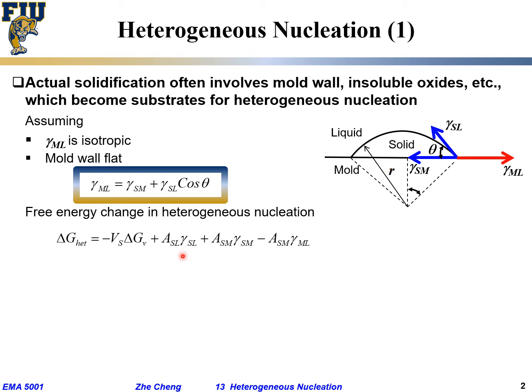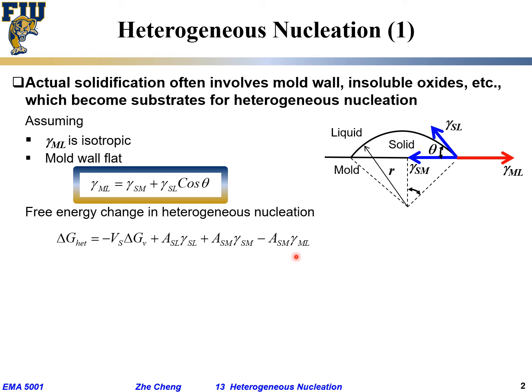Now we are changing it from liquid-mold to solid-mold, between solid and mold or substrate. This is our area from here to here, area times interfacial energy. But then we also eliminate part of an interface.